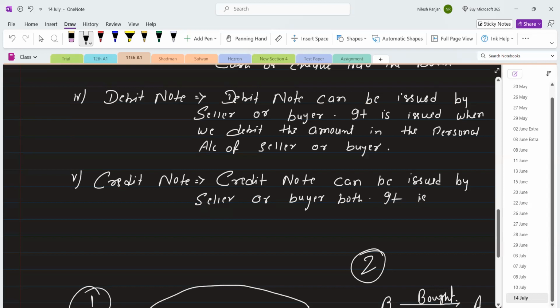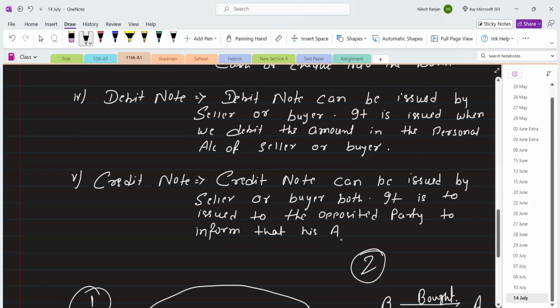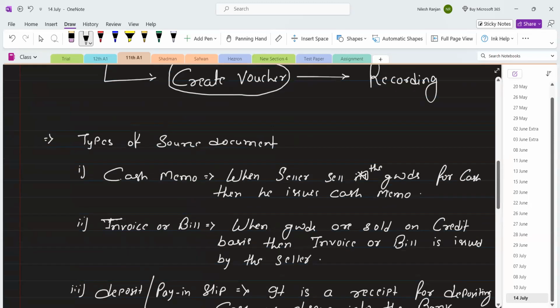It is issued to the opposite party to inform that his account is credited. Write all these.